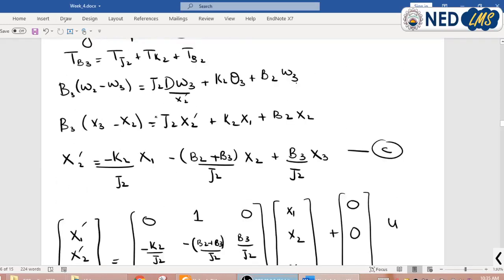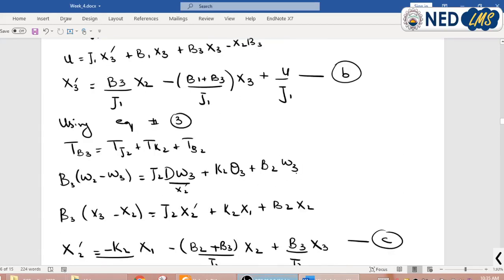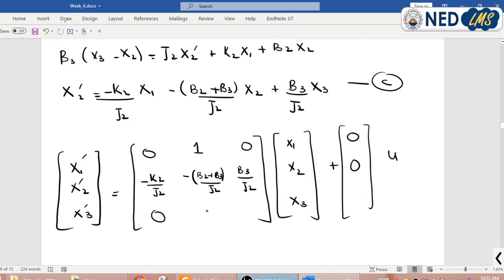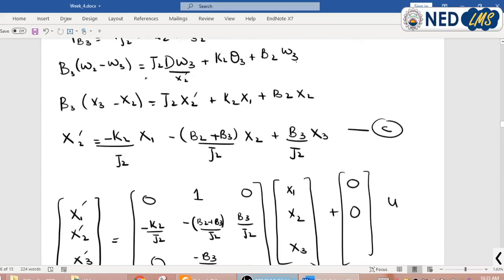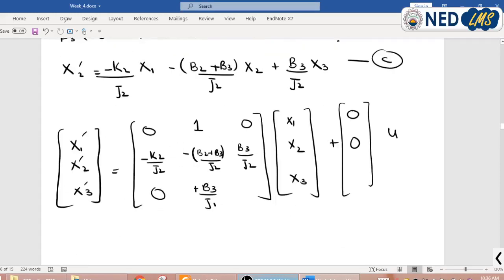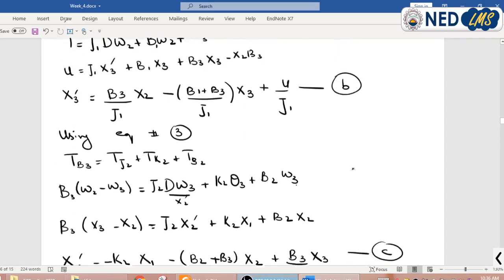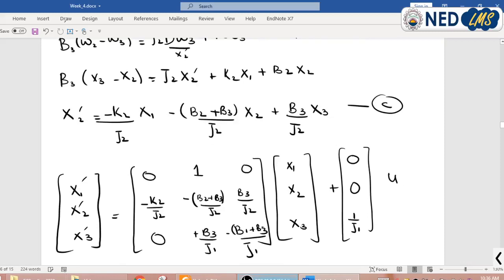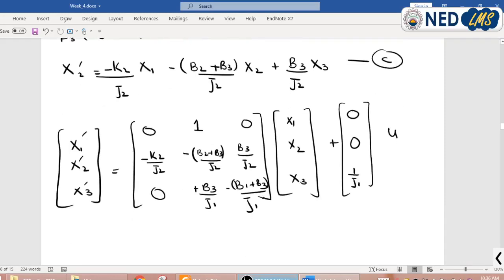For x3 dash we can see this equation here: no dependency on x1, the coefficient of x2 is b3 over j1, the coefficient of x3 is minus b1 plus b3 over j1, and the coefficient of u is 1 over j1. So this is basically my state space representation of the system.